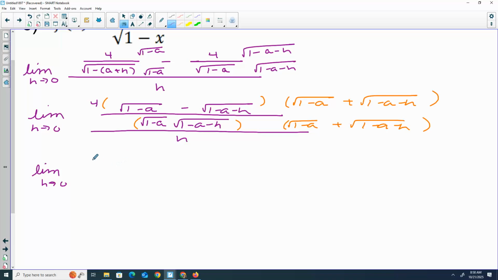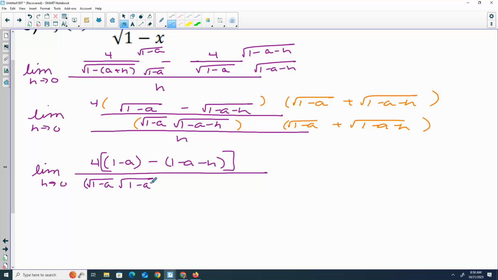So I have my 4. When I multiply those by the conjugate, I have 1 minus a minus 1 minus a minus h over all of this mess. You could multiply it out if you wanted.